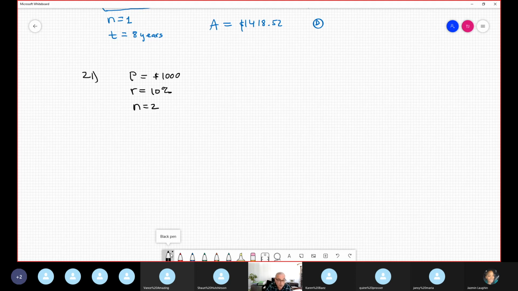After 8 years. Okay. If it's semi-annually, then the money increases like that, look. This is 0, 1 year, 2 years, 3 years, and the money increases like that. Bam, bam.